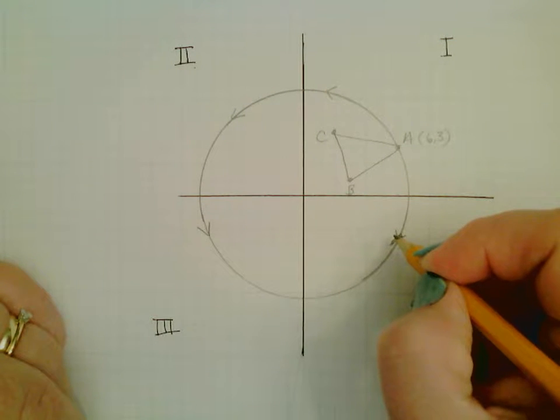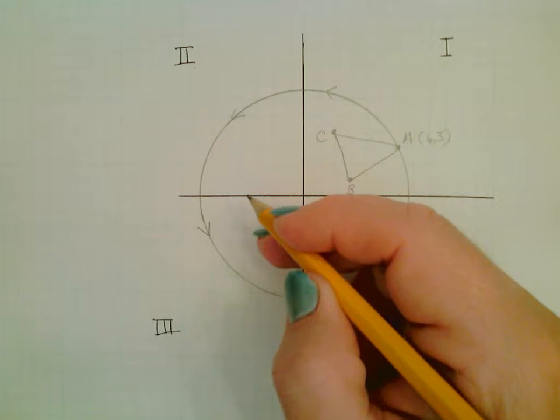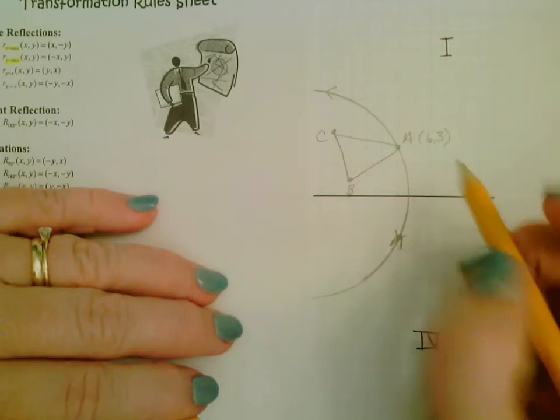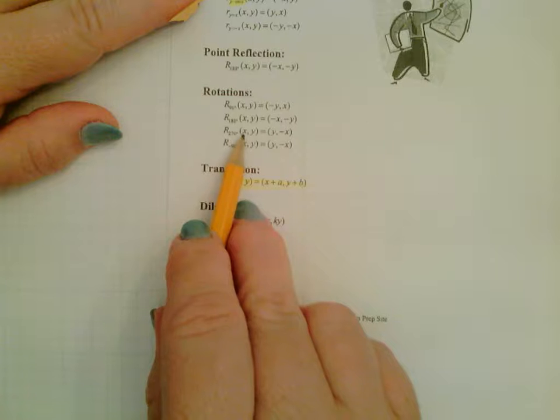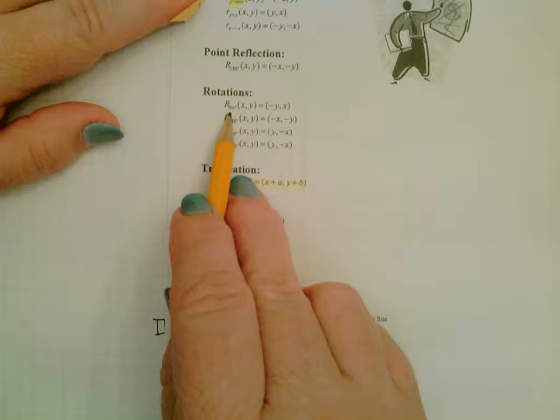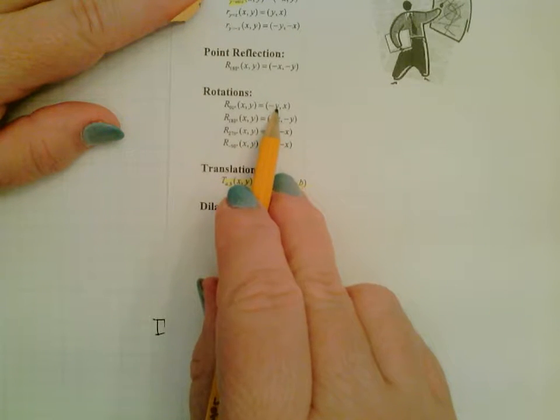If I were to rotate it 90 degrees counterclockwise, then my point A, looking at my rule sheet, at 90 degrees, X and Y switch. My X becomes my Y and my Y becomes my X, and the first number takes on the opposite sign.